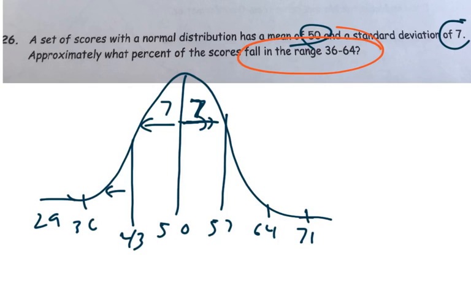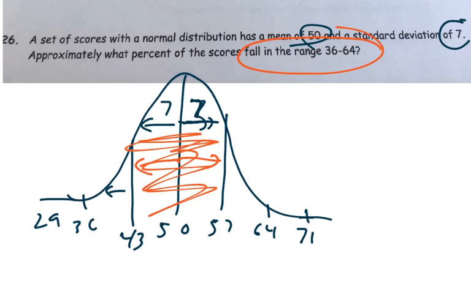and 64. So since this is a pretty quick answer, let's make sure we understand one thing for sure. If we go one standard deviation each way, right in here, that would be 68% of all the scores being evaluated here. In our case, they were asking for 36 to 64.